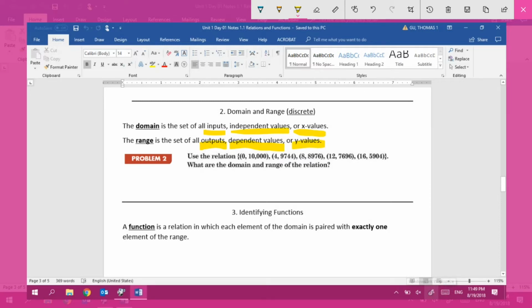So if we look at the relation we had: (0, 10,000), (4, 9,744), (8, 8,976), (12, 7,696), and (16, 5,904). What are the domain and range of the relation? And remember, it's a set. What do we use to notate the set? We put brackets around our possible values.